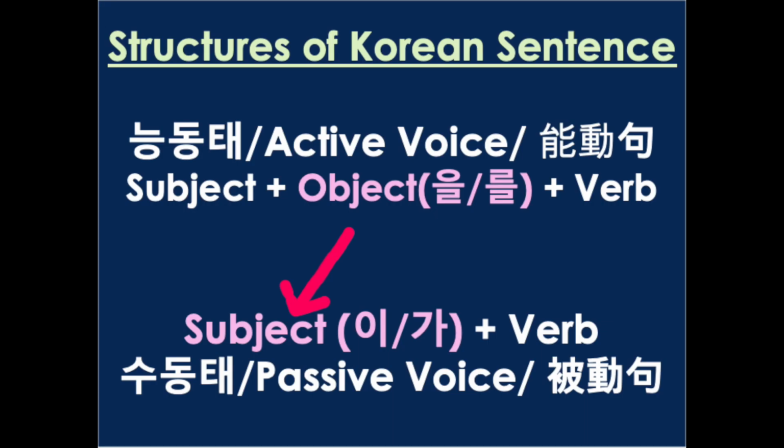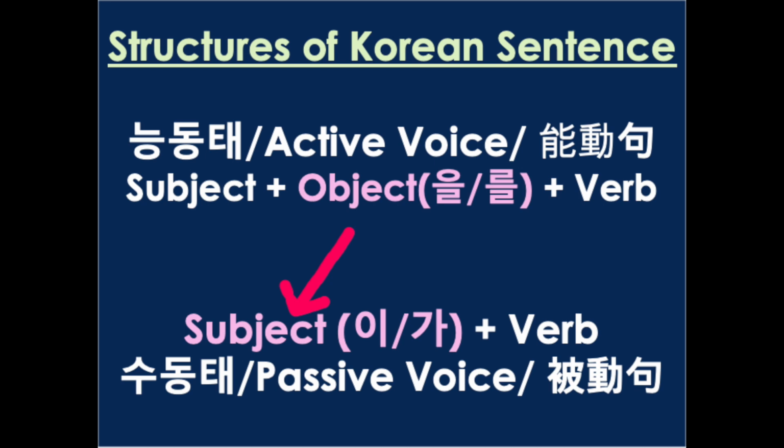Most of the active voice sentences have the sentence order of a subject, an object, and a verb, SOV, and the subject comes with the subject markers 이 or 가, and the object comes with the object markers 을 or 를.